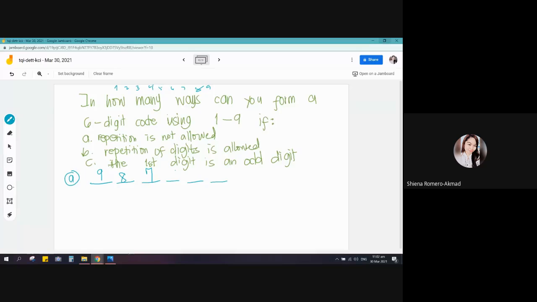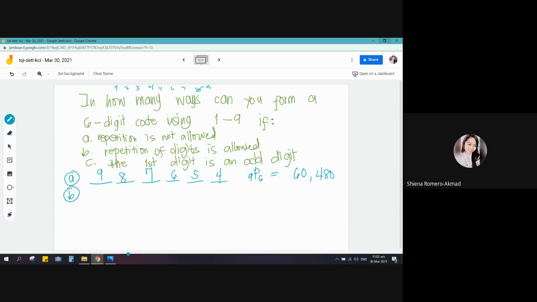Then 7, then 6, then 5, then 4. It can also be represented as permutation of 9 taken 6 at a time. And the answer here is 60,480.